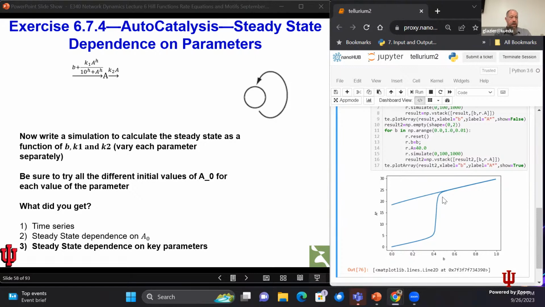If B is bigger than about 0.4, no matter what my initial value of A is, I always wind up with a lot of A. So as I change the value of B, I go from a situation where B is small, my final state depends on my initial state. If B is big, I always get a lot of A, whatever my initial amount of A was.